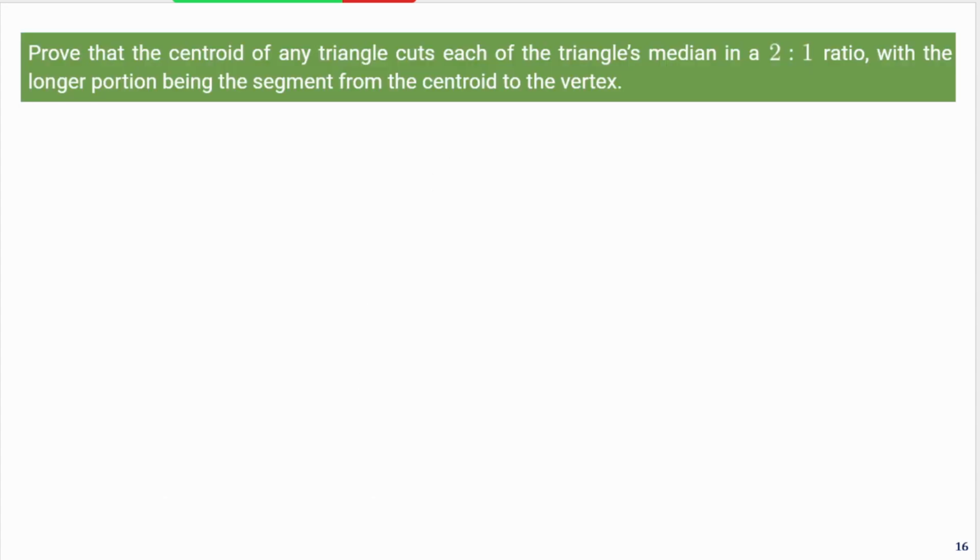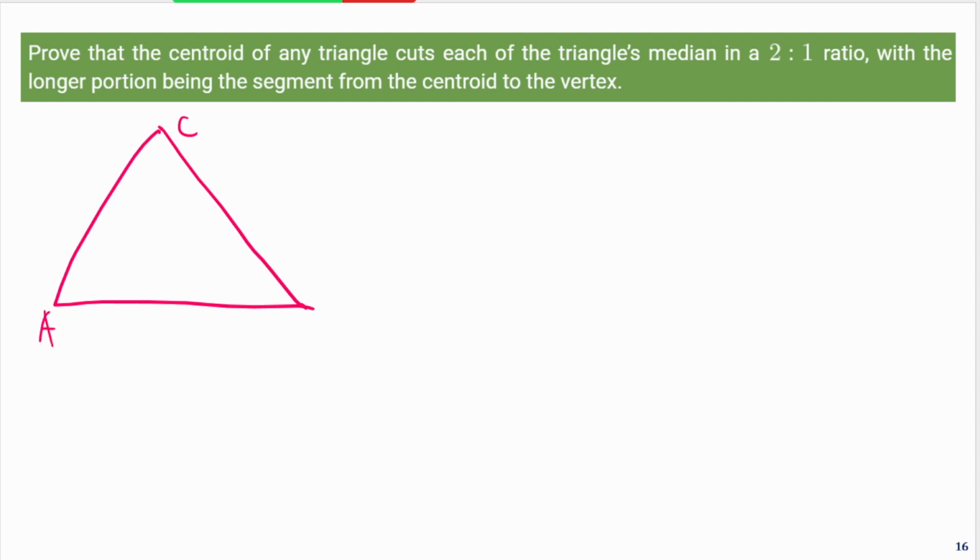Okay, then consider another property of the medians. Can you prove the centroid of any triangle cuts each of the triangle's medians in a 2-to-1 ratio, with the longer portion being the segment from the centroid to the vertex? Again, let me draw you a triangle here.